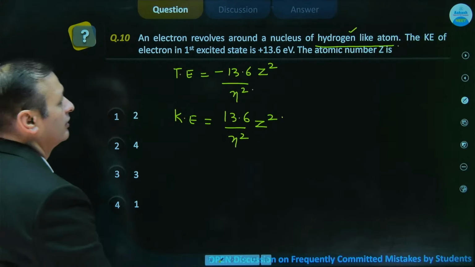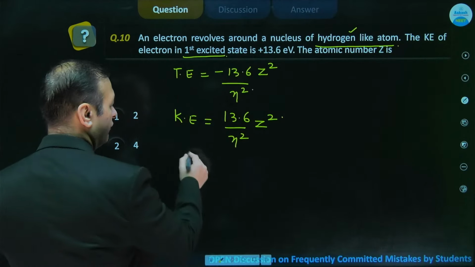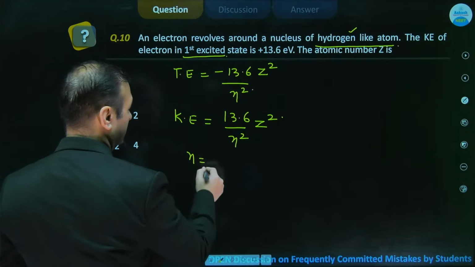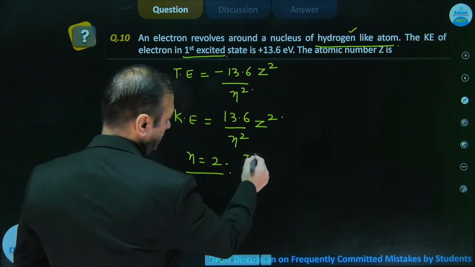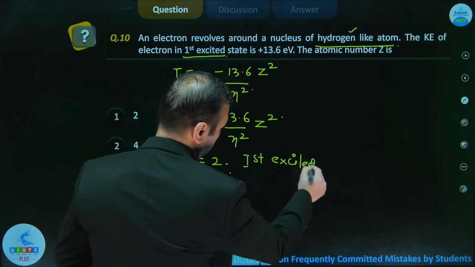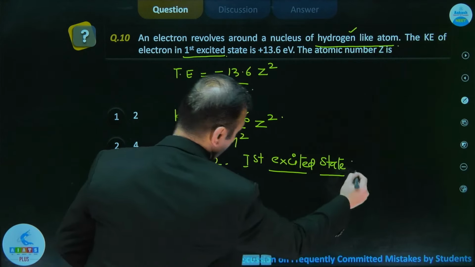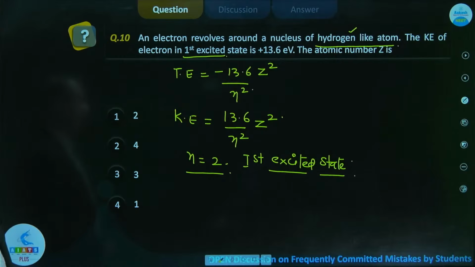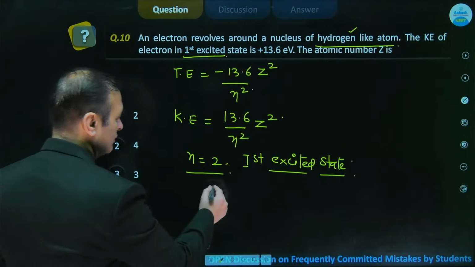When you say the kinetic energy in the first excited state, the value of N is 2. Now, kinetic energy is known to us as 13.6 only.